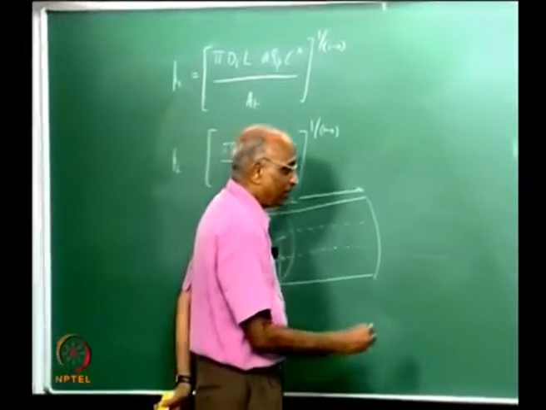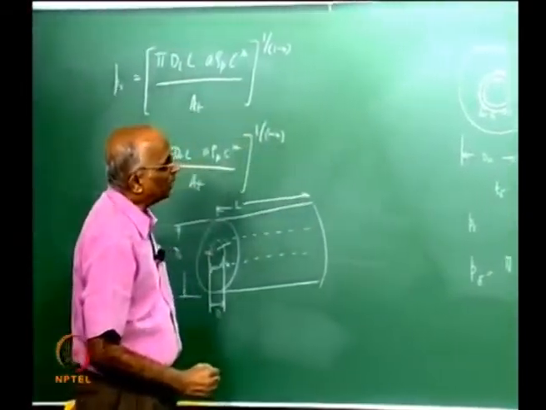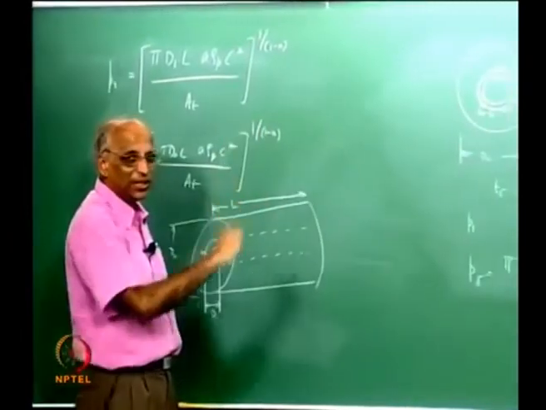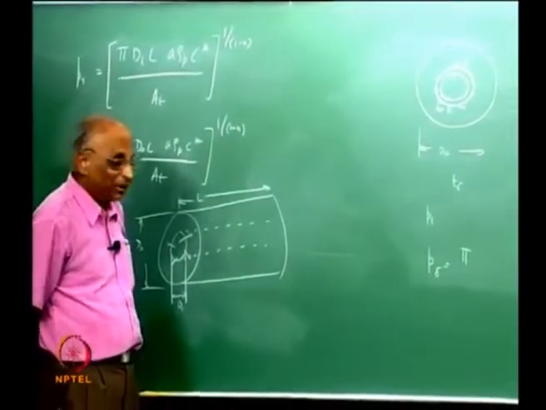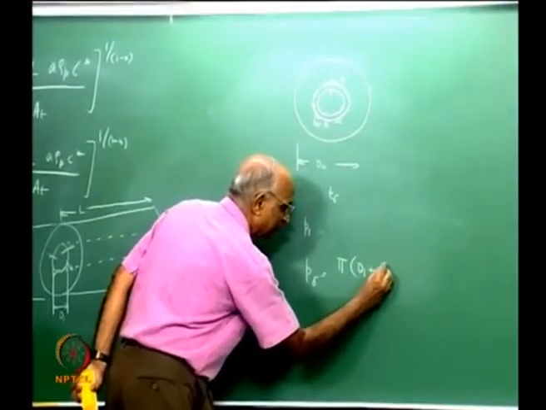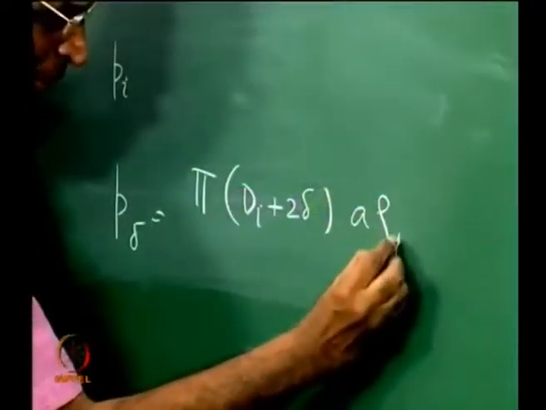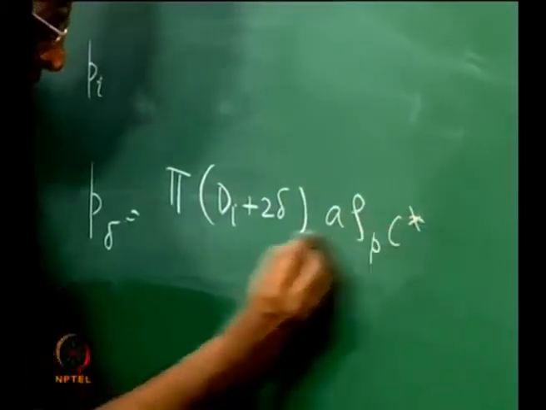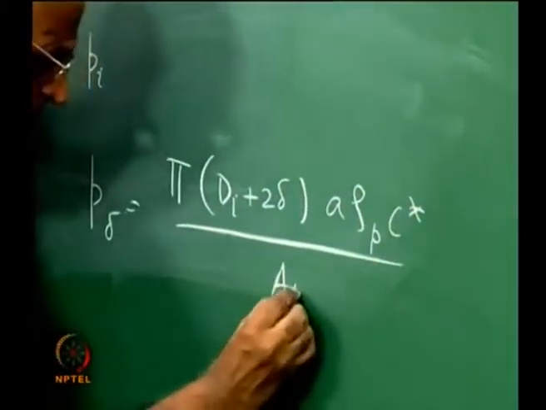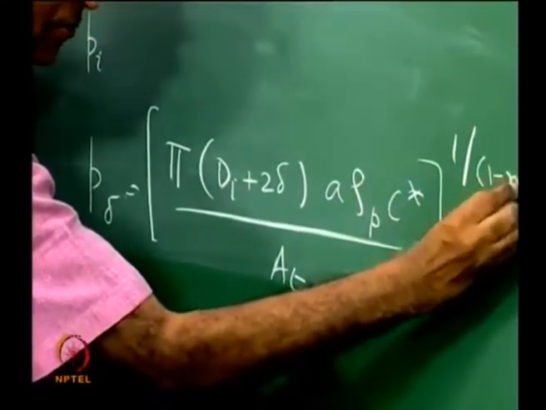Well, I say pi, what is the value of d when the thickness burnt is delta? Yes, di plus 2 delta, into, I carry these things, others are all constant: A, burn rate constant, rho p, C star divided by throat area, to the power 1 by 1 minus n.